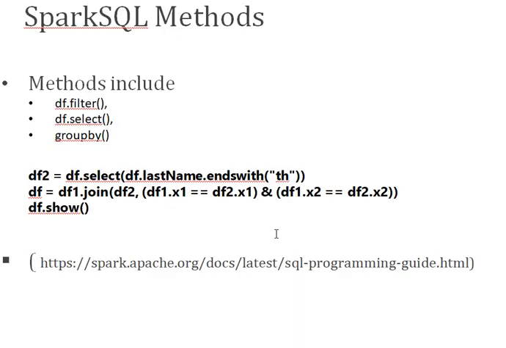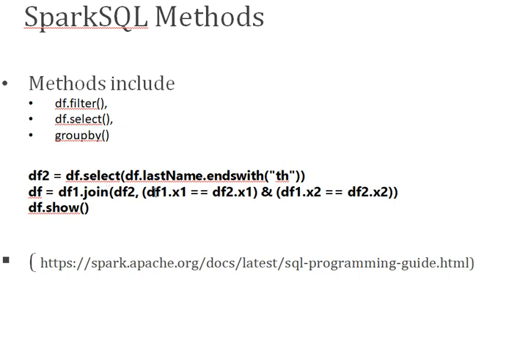These are the methods which share similarity between SparkSQL and normal SQL. Although the method names are different, the functionality is similar, for example filter, select and group by. So the data frame has these functions, which have similar functions in SQL, although they use different syntax.